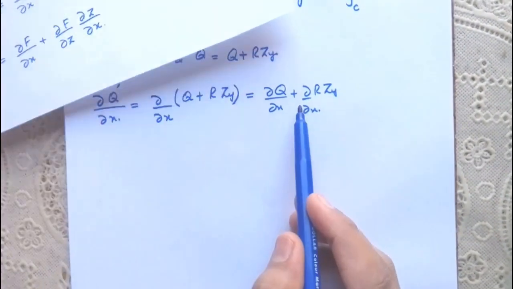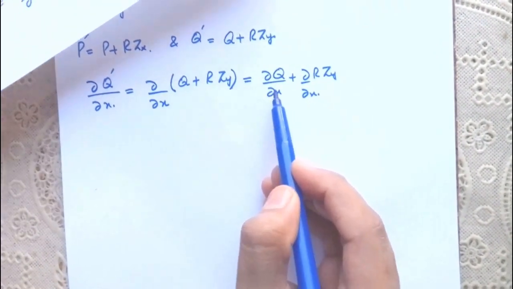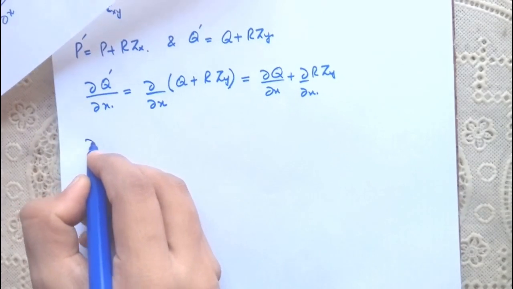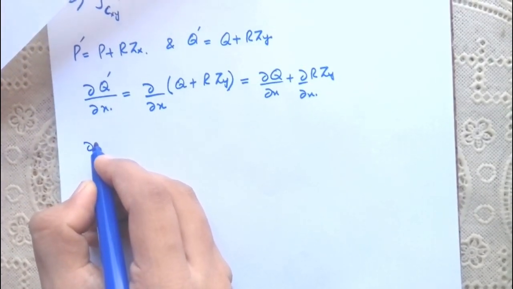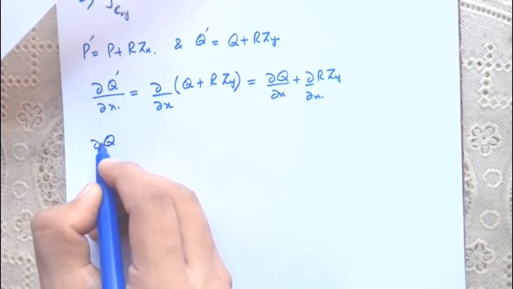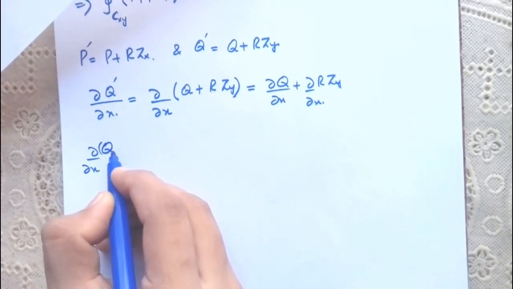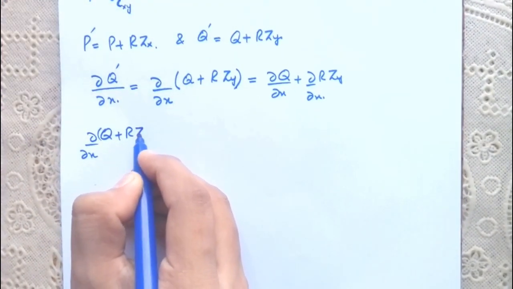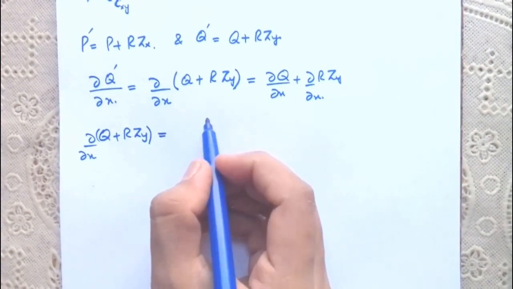So it means that partial of q with respect to x is equal to partial of q plus r zy with respect to x. What will it be?